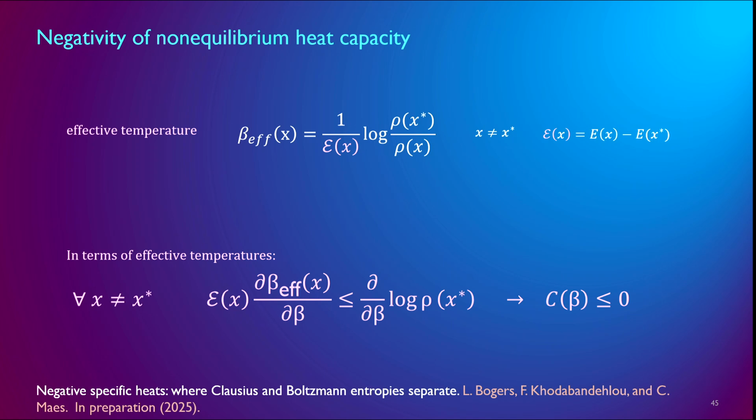You see, it seems that when population inversion is happening in the system, then heat capacity can be negative. Not always, because the condition is sufficient, but it can happen. But look what's happening here.